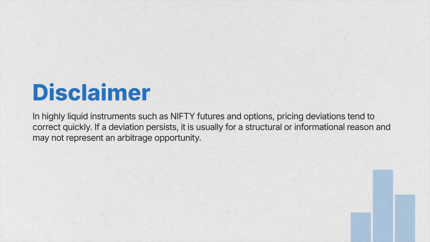If a deviation continues to persist, it is usually for a structural or informational reason and may not represent an arbitrage opportunity. So in totality, the point I'm trying to make with relative value mean reversion trades is that we aren't betting on the price of the asset itself. We are betting that the price relationship between two instruments or two assets will revert to its mean.